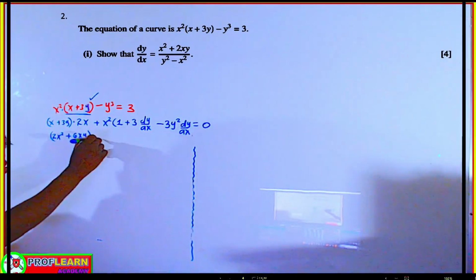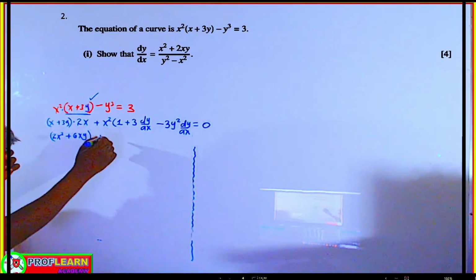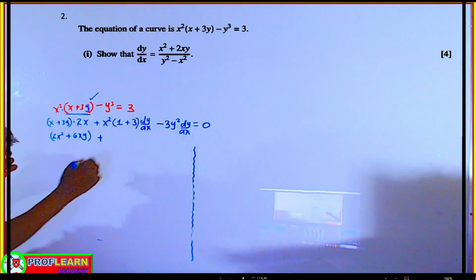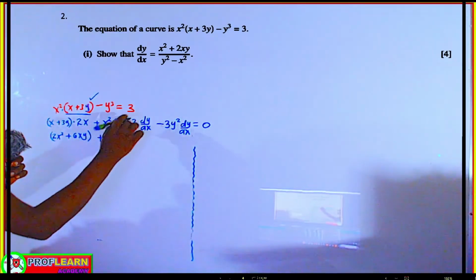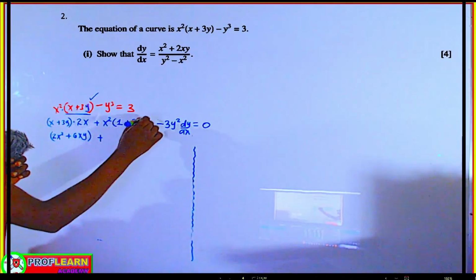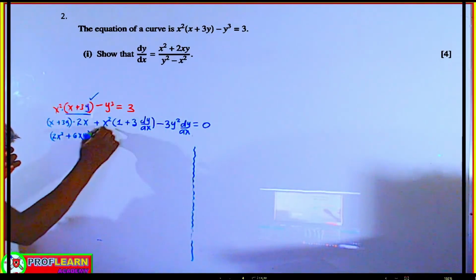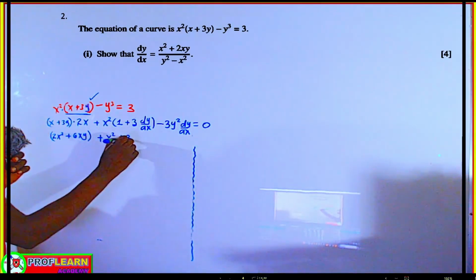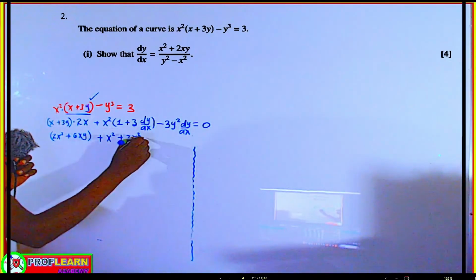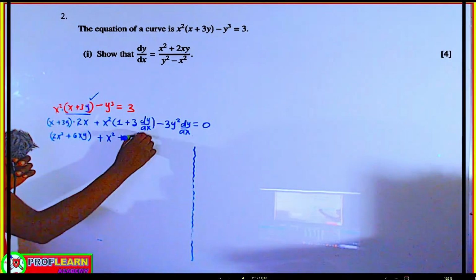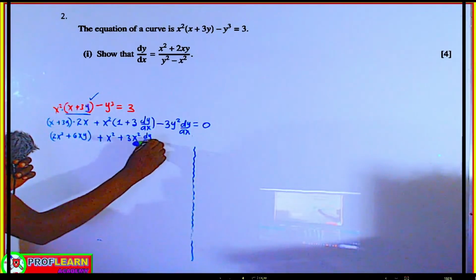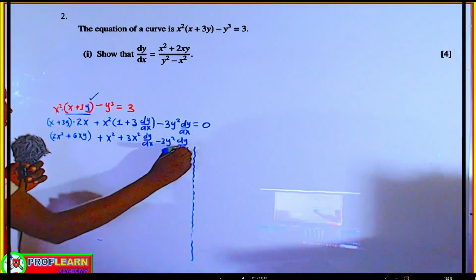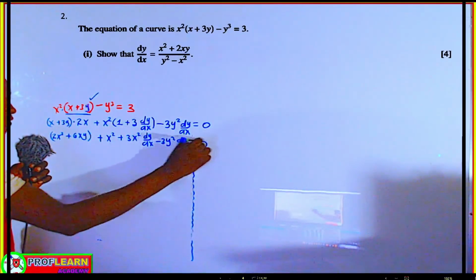This is the first term, and then plus, if I open the bracket, x squared times 3 dy/dx, which gives 3x squared dy/dx, minus 3y squared dy/dx, is equal to 0.